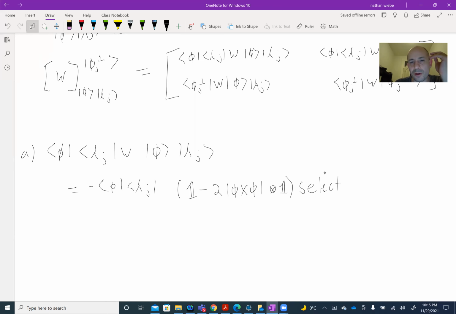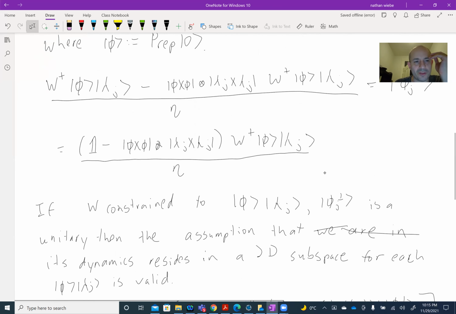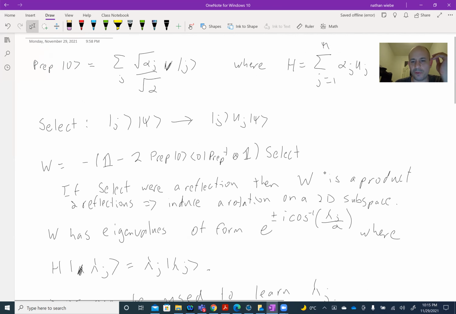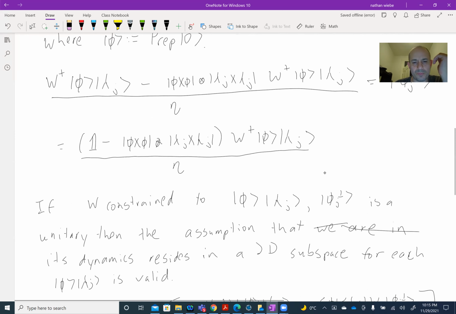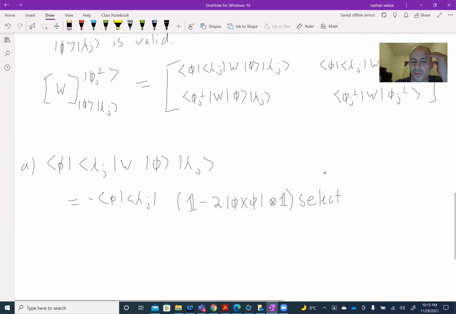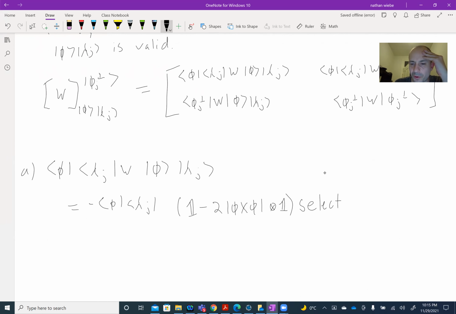All I'm doing here, if you recall, is jumping back to the definition that we made for W right here, and simply substituting that in. Then we compute the matrix element of this in lambda j.